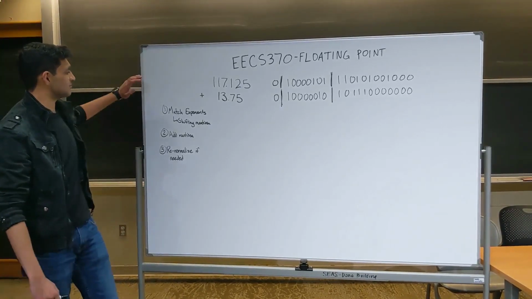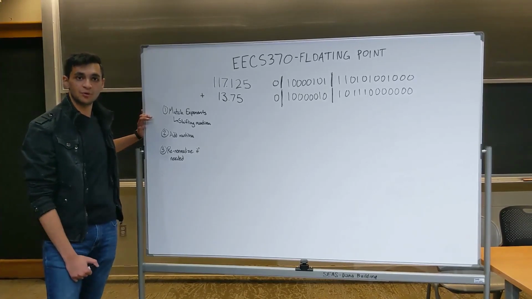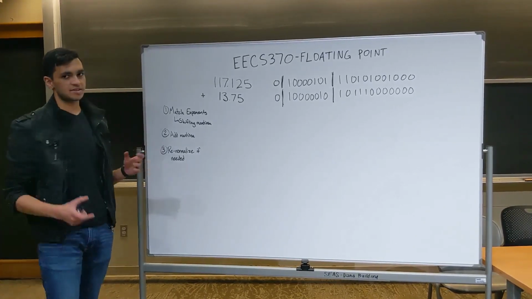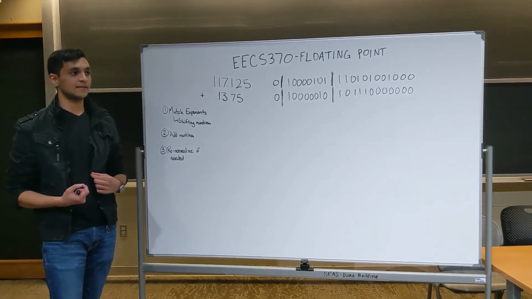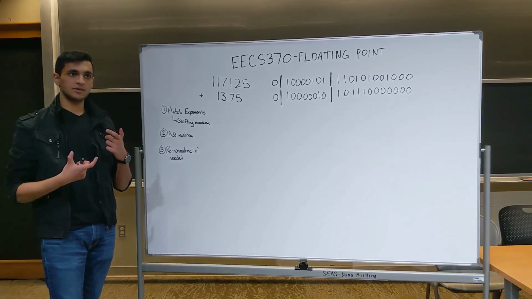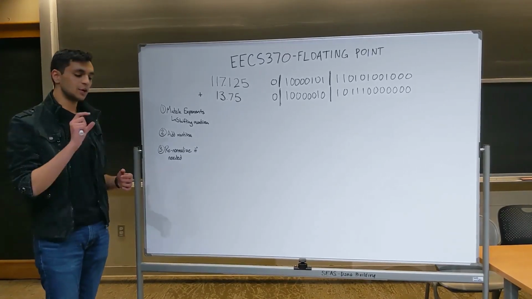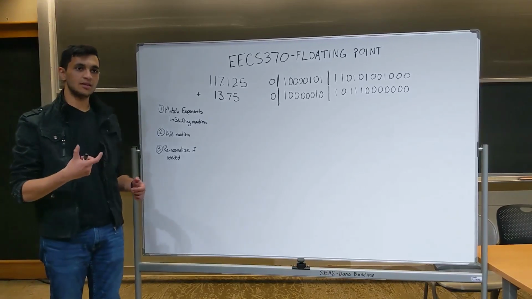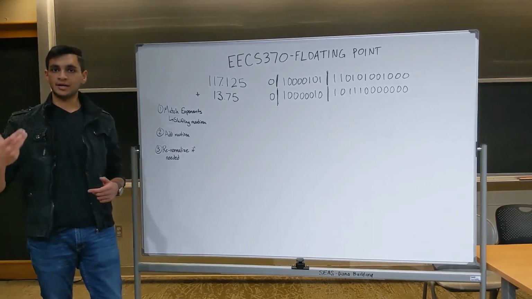Just like last time, I've laid out the steps that we need to follow for floating point addition. The first thing we need to do is match the exponents of the two values we're adding. We'll see this later on, but if the two exponents don't match, we need to modify the lower exponent so that it matches the higher exponent.